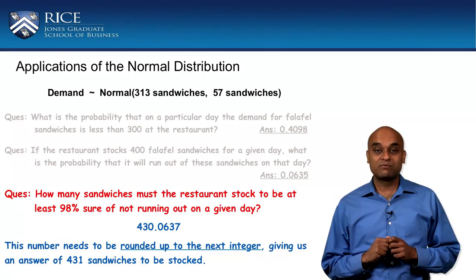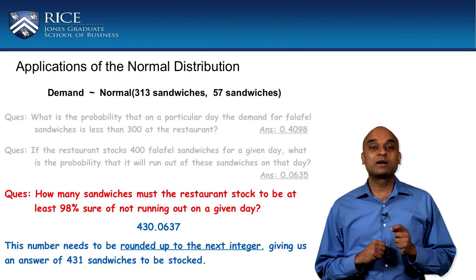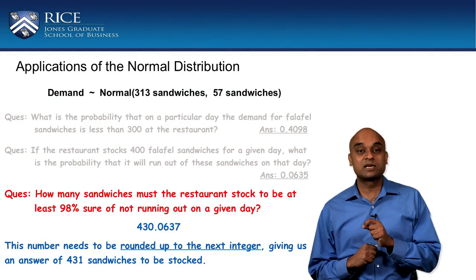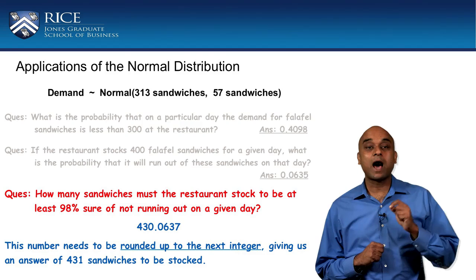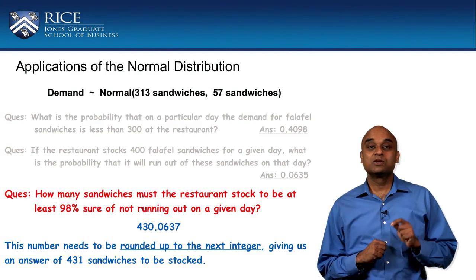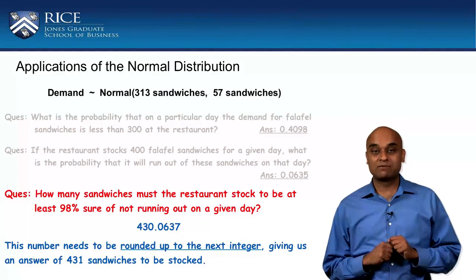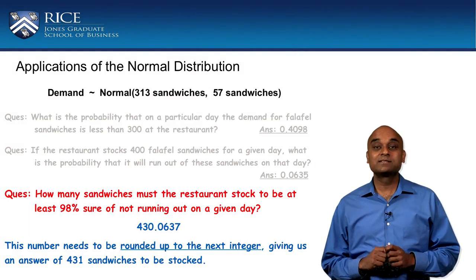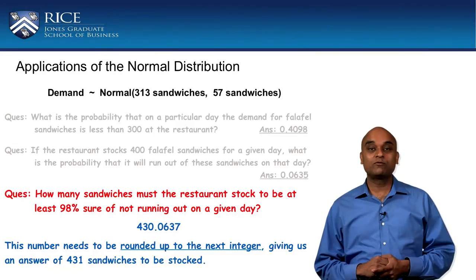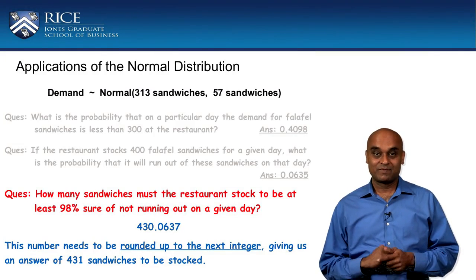Hence, you need to round it up to the next integer to tell the restaurant how many sandwiches to stock, so that it is at least 98% sure of not running out of sandwiches.